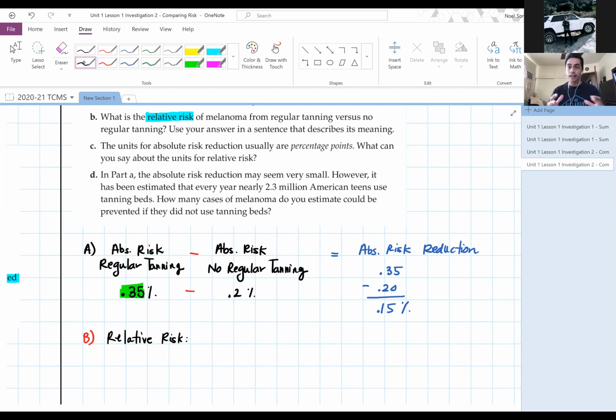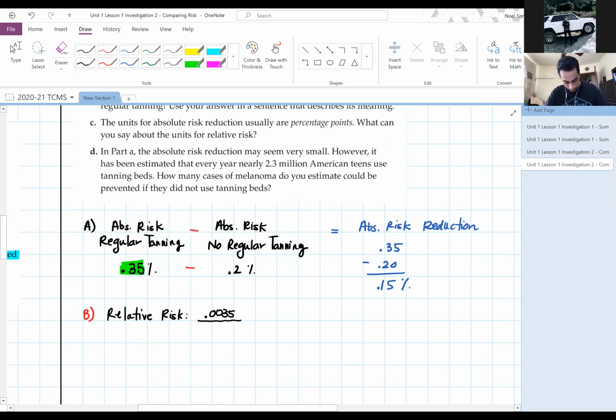So I want to make sure that that's converted to a proportion first. So that's actually going to be 0.0035, right? That's the same quantity as 0.35%, but that's written as a proportion. And then divided by the other group, which is 0.2%, we're going to write that as 0.002 as our proportion.